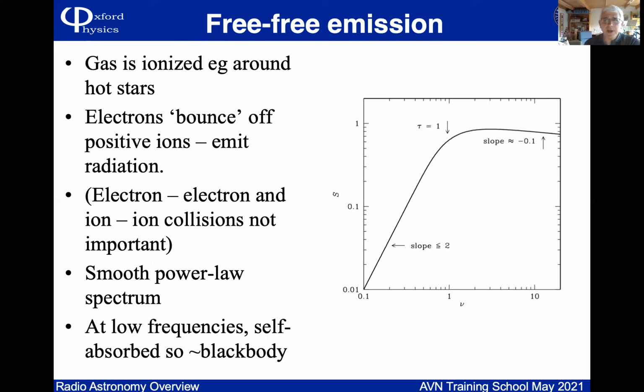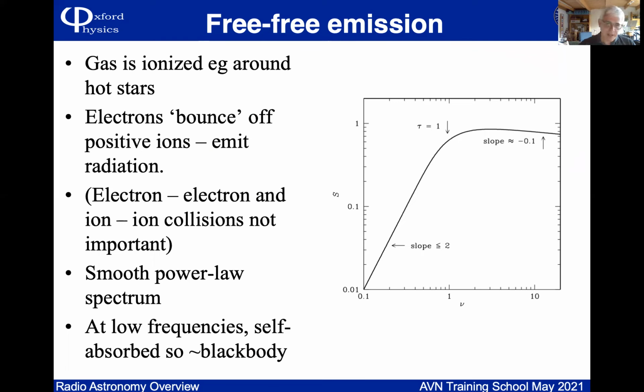So our next kind of radio emission is what's called free-free emission, sometimes known by its German name Bremsstrahlung, which means braking radiation. And this is what you get when you have ionized gas, for example, around hot, bright stars. And electrons are moving around, and every so often they will encounter a positive ion, and the electron basically bounces off the positive ion.